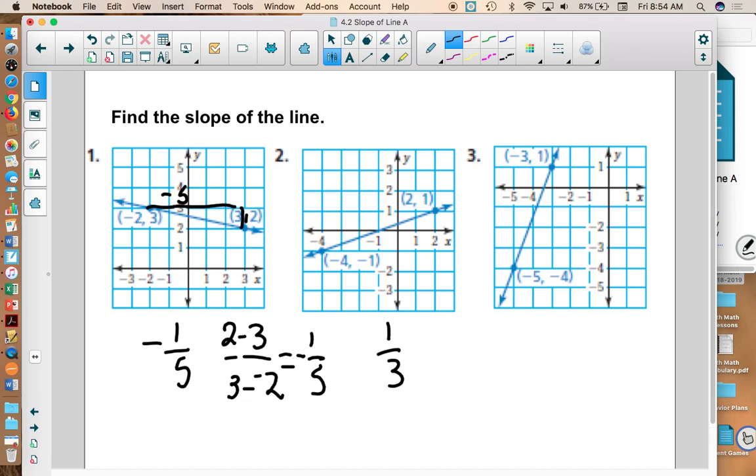Keep your slope as an improper fraction in order to be able to graph it. I'll simplify it, but keep it as an improper fraction because I want to know what my rise is, what my run is, what that change is, and it's easier to see as an improper fraction.